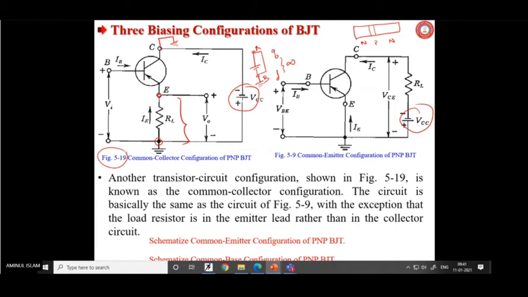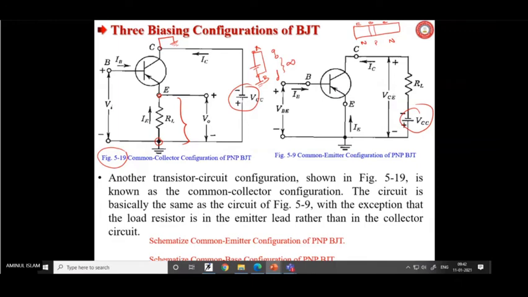Tell me. Forget about this circuit here, just the thing I have drawn here, NPN. How are you going to bias? Verbally you say. Terminals are E, B, and C. How are you going to bias so that it is properly biased and it can work as an amplifier? Tell me.